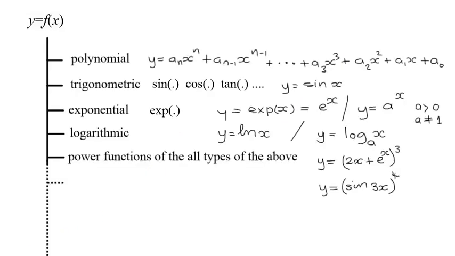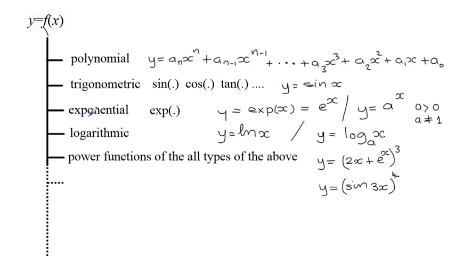Moving forward, these basically give us the finite types of different functions. For example, we can have a function f written as y is equal to f of x. The function could be a polynomial, which generally has an expression like this, or it could be a trigonometric function, a sine, cos, or tan of any argument, for example sine x.